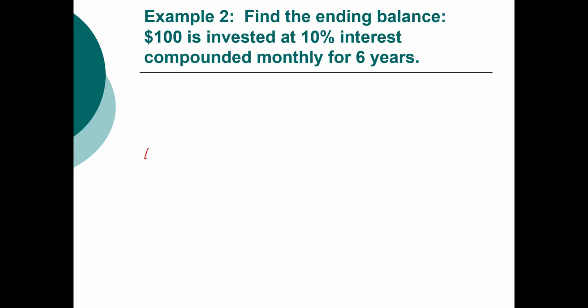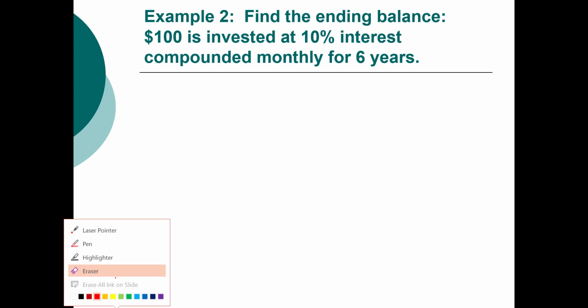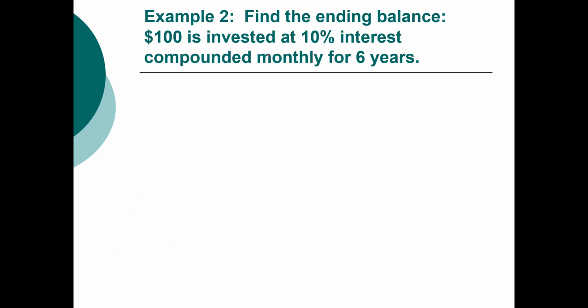Now let's look at an example here. First of all, we have to find the ending balance for $100 invested at 10% interest compounded monthly. So we have this right here, given the initial investment principal of $100.